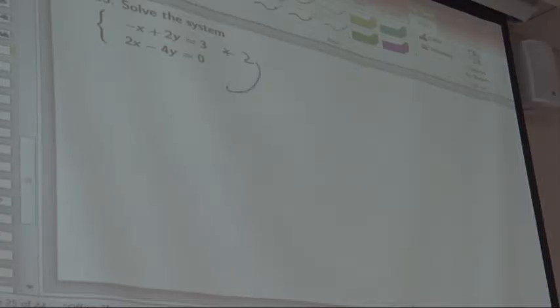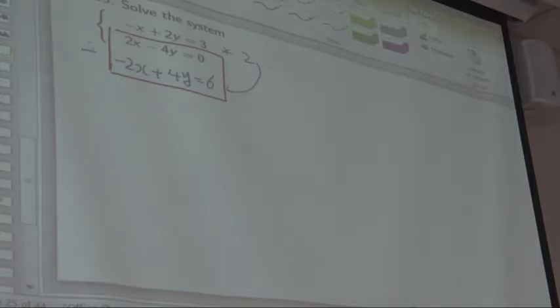When I multiply by 2, I get a negative 2x plus 4y is equal to 6. Now I'm solving these two. Because you had to get the 2x and the negative 2x the same. Yes, that's the reason why I use the elimination method.